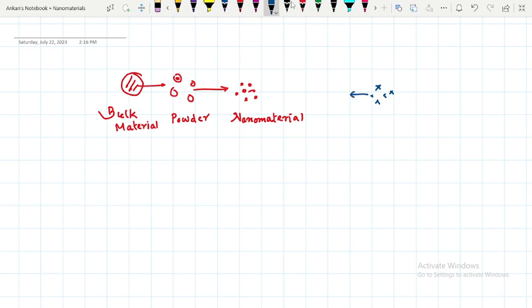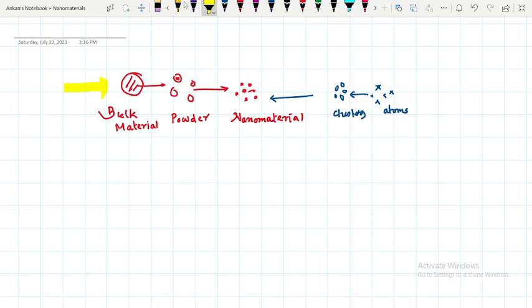These atoms get accumulated to make such clusters. Suppose these are atoms, these are clusters, and by the accumulation of these clusters, nanomaterials can be formed. So you can see there are two basic approaches, either by deformation of bulk materials or by the accumulation of smaller particles.